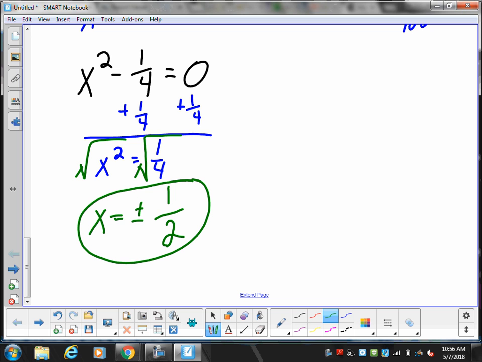Questions, anybody? If you take the square root of the 1, that's 1. Take the square root of the 4, that's 2. So for a fraction, you can just take the square root of each one individually, and it's the same process.